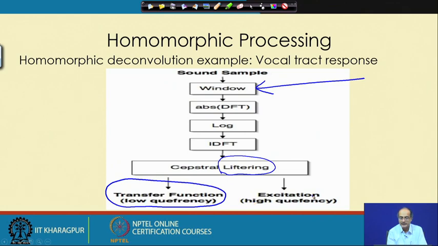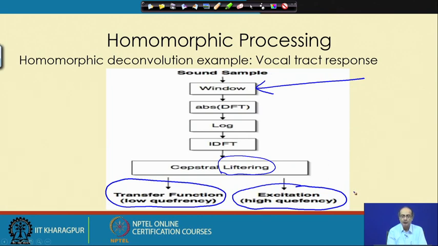The other part is the excitation coming from the glottis, which is a pulse, actually impulses or glottal waves, and that is the high frequency part. In this nomenclature we should say high frequency part, and the transfer function is the low frequency part.